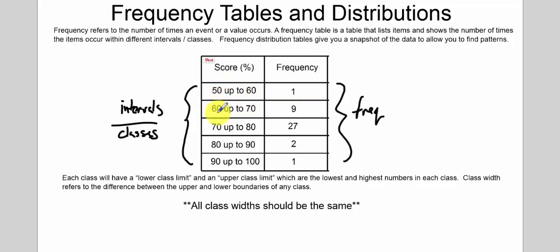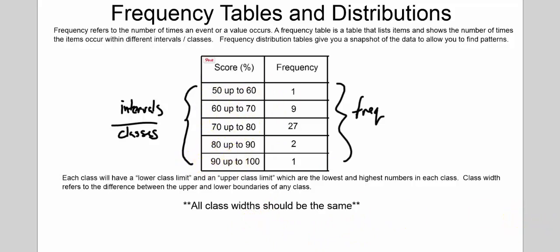But in most cases, let's say they were just integers, it would go from 50 to 59, and that's actually 10 total numbers. And whenever we're doing frequency tables, we always want to make each class or each interval set the same size. Okay, so if this is 10, this is 10, this is 10, this is 10, and this is 10.